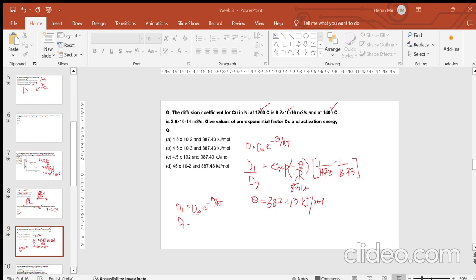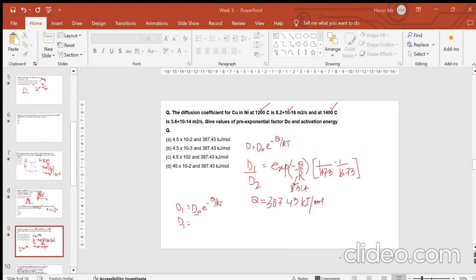It is something like 6.47 multiplied by 10 to the power minus 12, and the units will be same like D naught, so it will be meter square per second.